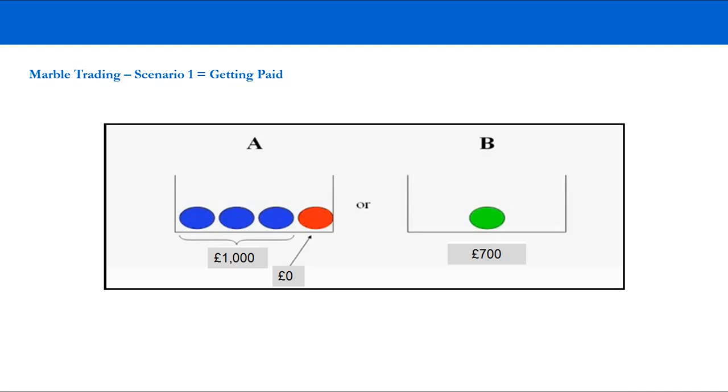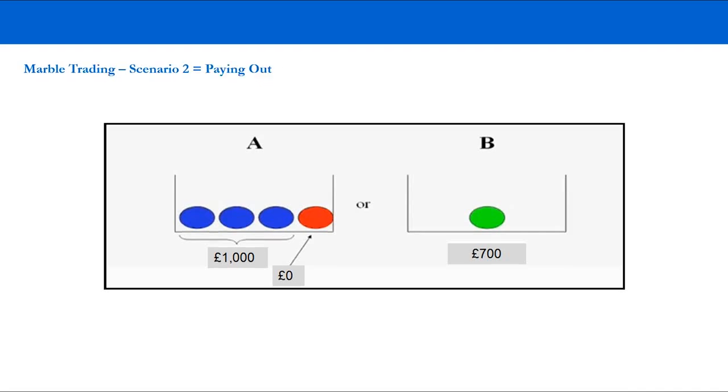Write down your choice on the paper. Okay, done that? Perfect. Now let's move on to the next scenario.